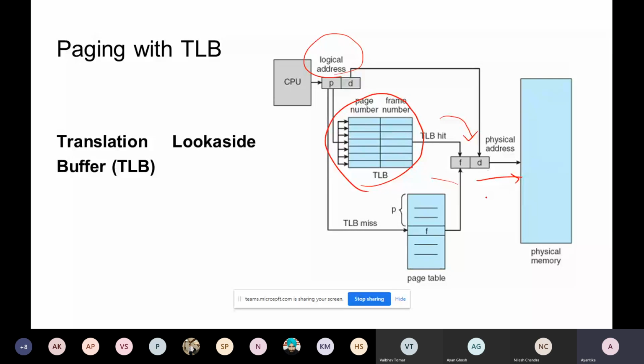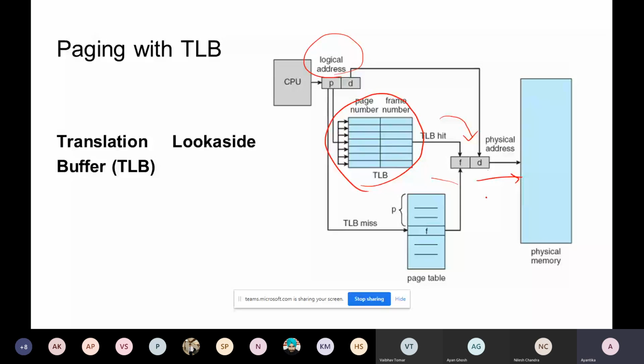But of course there is a chance that the page you are searching for is not present in the TLB buffer. That means you have not recently searched for it, or that entry is not yet made in this buffer.